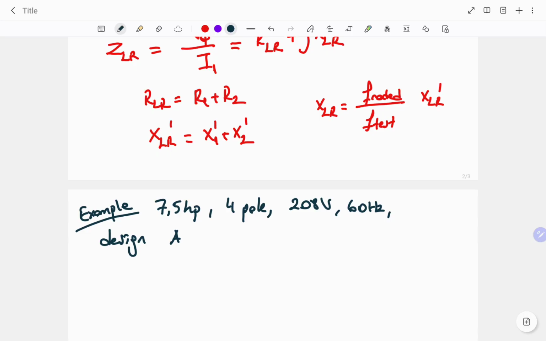What's the meaning of design A? The leakage reactance ratio between the stator and the rotor part, we have different designs from design A to F. For example, for design A, the stator leakage flux reactance X1 will be equal to X2 and it will be half of the locked-rotor reactance.